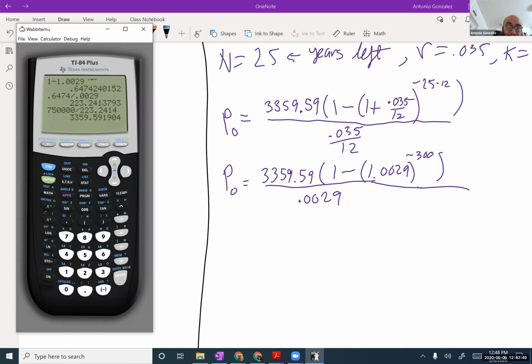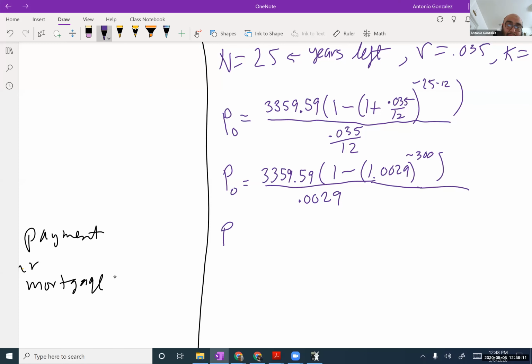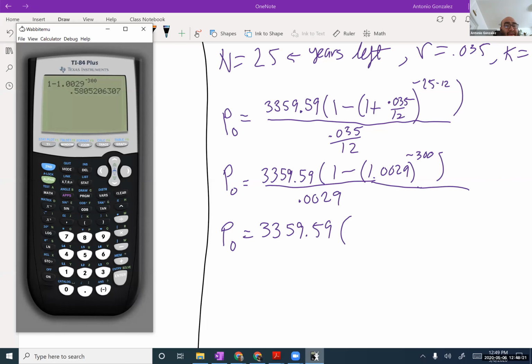And we get 1 minus 1.0029 raised to the negative 300. All right, and then I'll hit enter. And we get in the parentheses the number 0.5805.